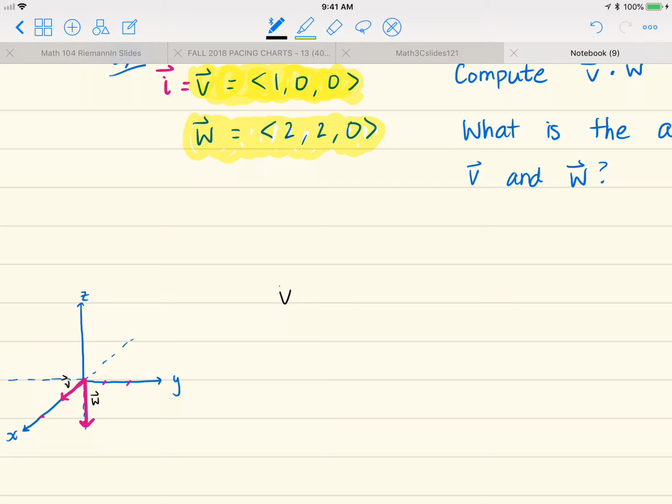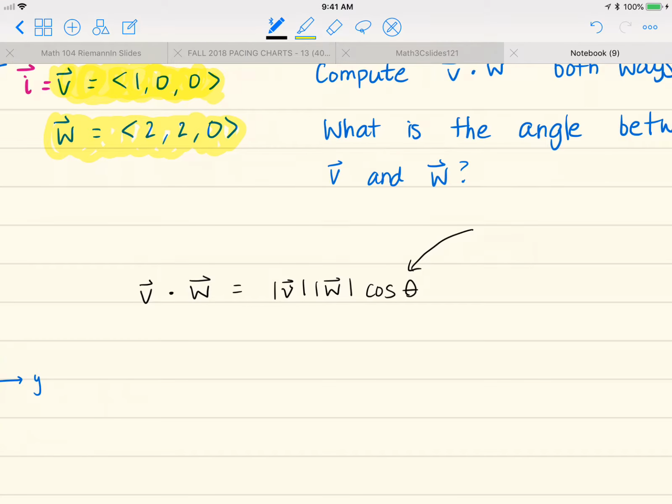So the first formula I have is that v dot w is equal to the magnitude of v times the magnitude of w times the cosine of theta, where theta is the angle in between v and w.